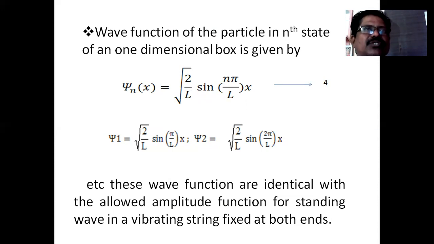At the same time we have derived the wave function of the particle, which is given by psi of n(x) equals root of 2 by L into sine of (n pi by L) x. In this way we are using the Schrodinger time-independent wave equation for a one-dimensional box.